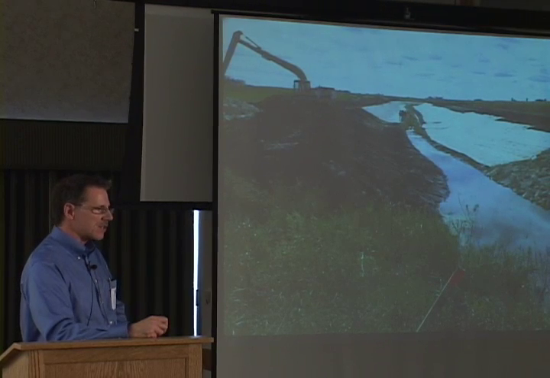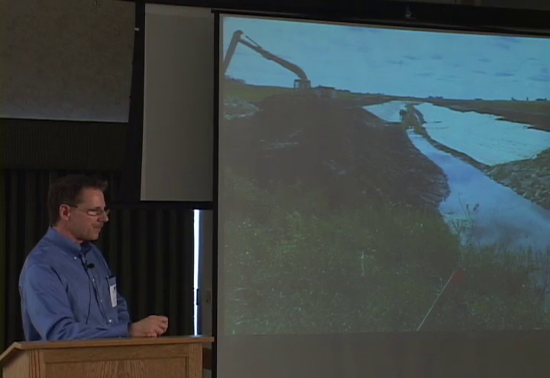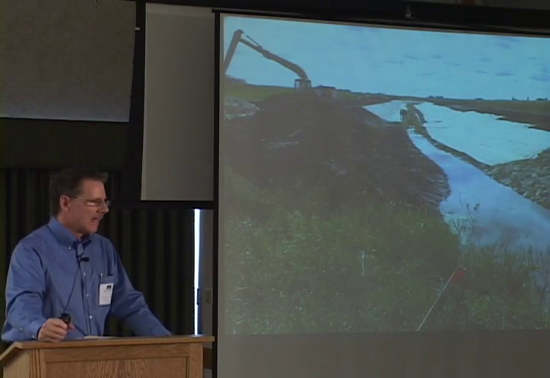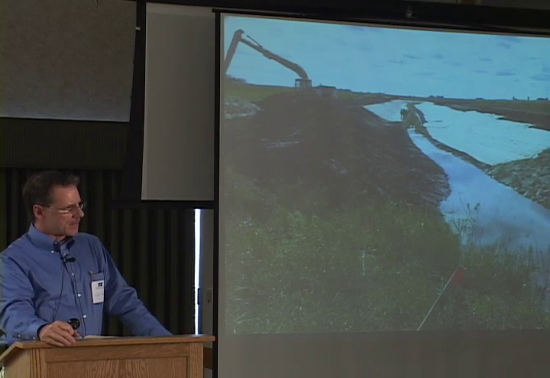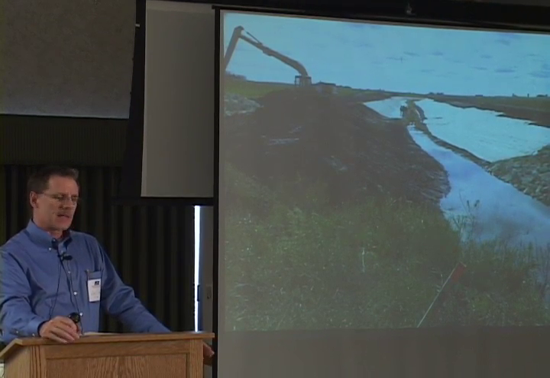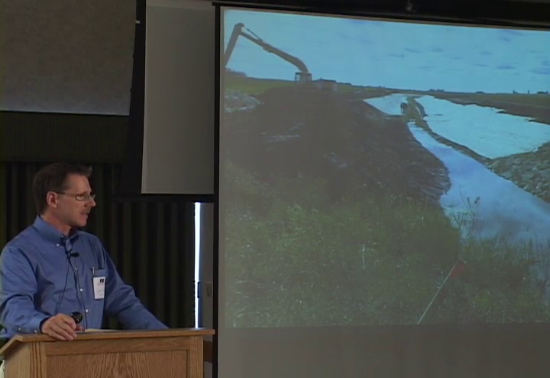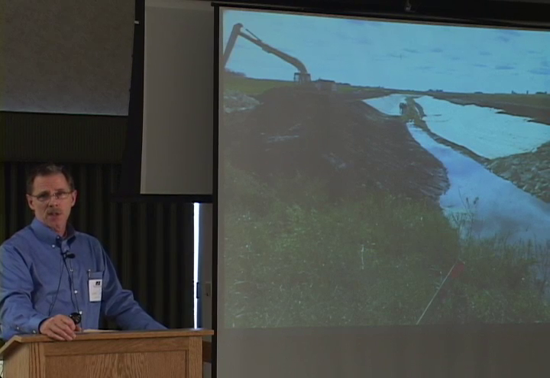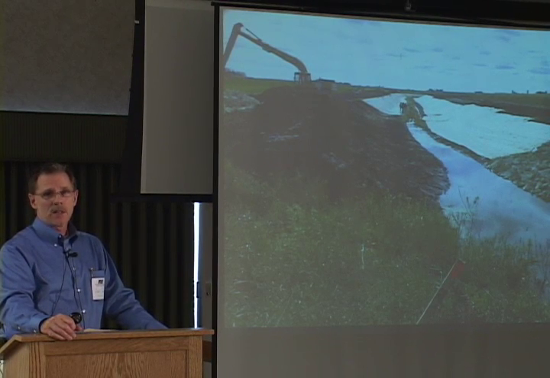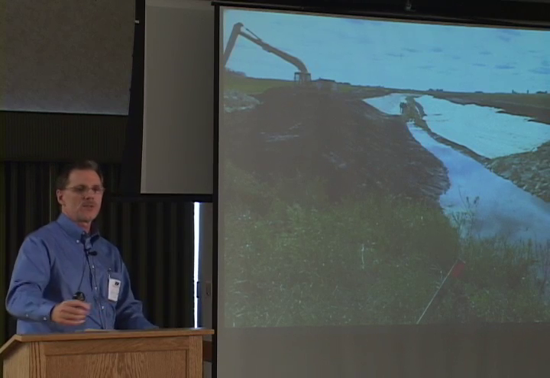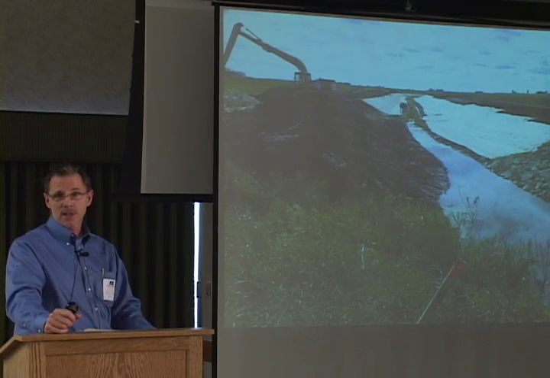And I'll just finish here with an image that could be looked at as the next generation of drainage on the landscape. This is a picture of a pilot project. It's a two-stage ditch. It's an attempt at building a little more Mother Nature into our traditional agricultural drainage ditches.